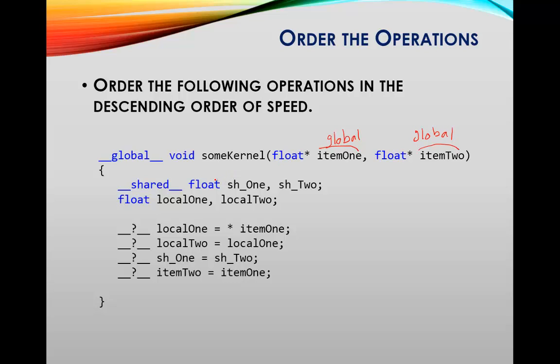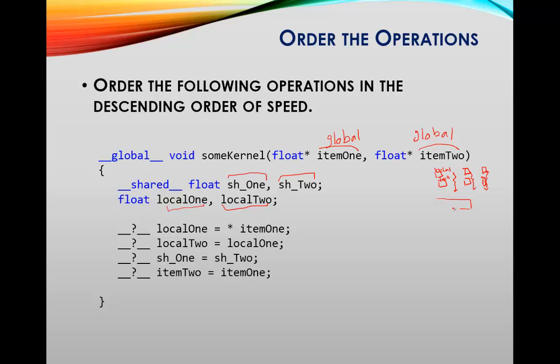Then the threads that are running this kernel also have 2 variables that are shared, sh1 and sh2, and then local 1 and local 2 are also variables, but they're local to each thread. So each of these threads will have a local 1 and local 2, a copy for themselves.